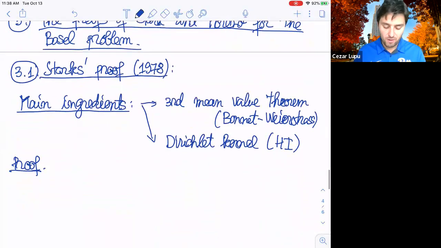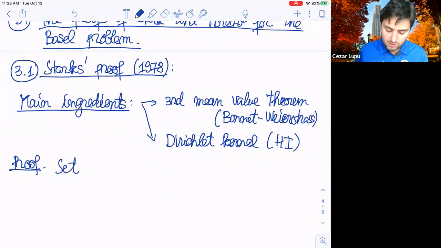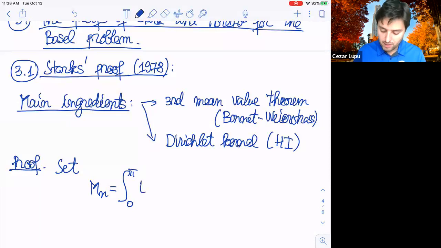The main idea is the following. We need to come up with a certain integral. That's, I would say, the ingenuity of this proof. So we're going to set the following: M_n will be this integral from 0 to pi of, let's say, t multiplied by the Dirichlet kernel.